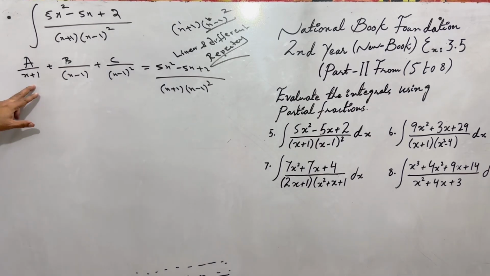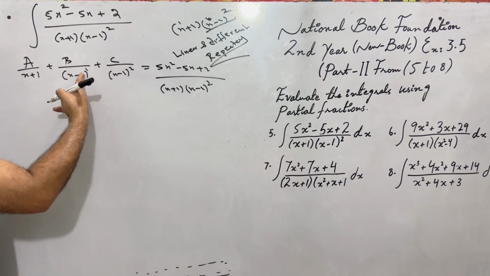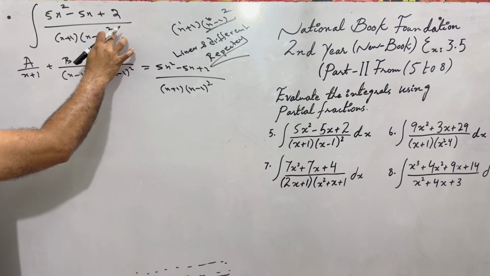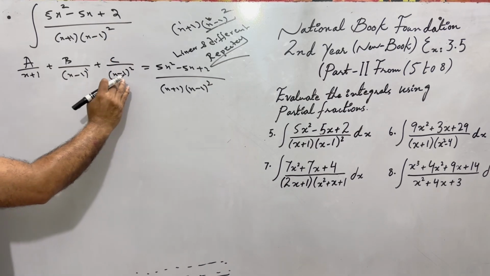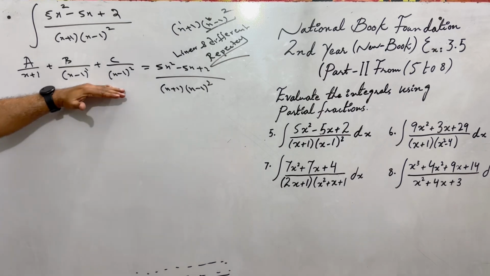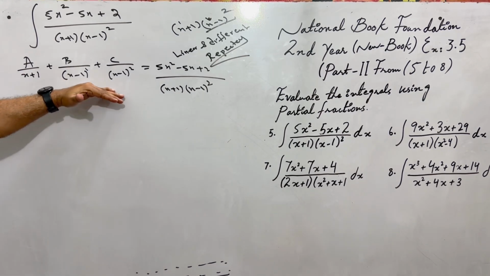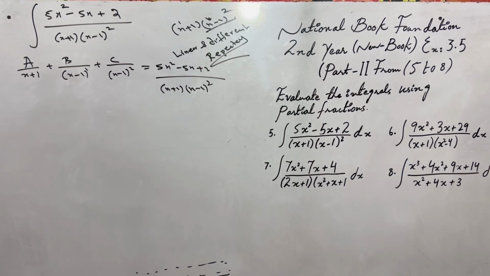That is the way to write x plus 1, the different one. There are two repeated roots from 1 to the given power. If 3 would have been there, I would have written x minus 1, x minus 1 whole square, then x minus 1 whole cube and so on. That is the strategy for partial fractions with repeated linear real roots.